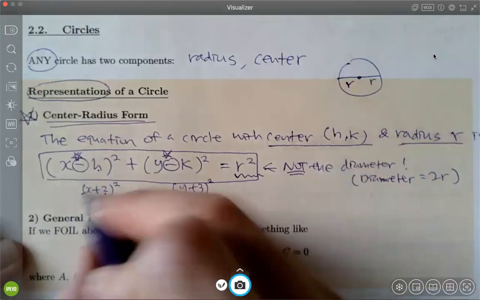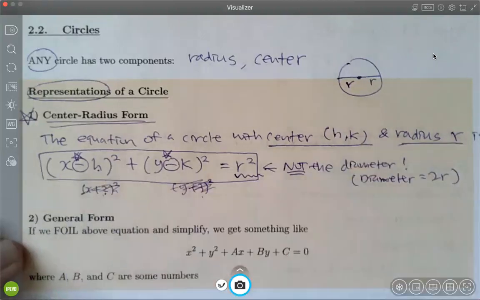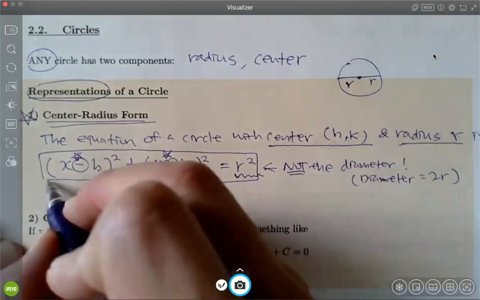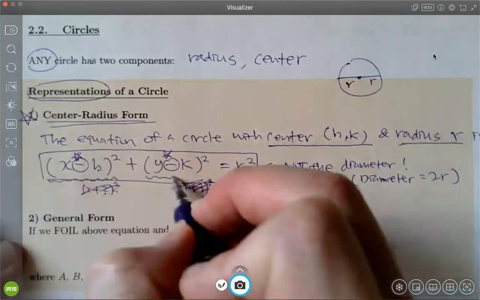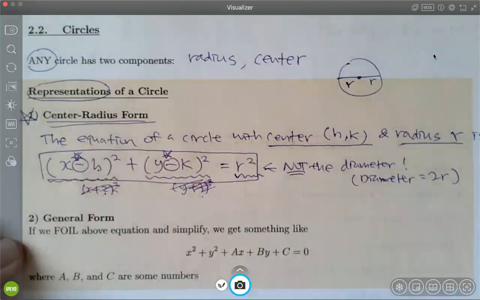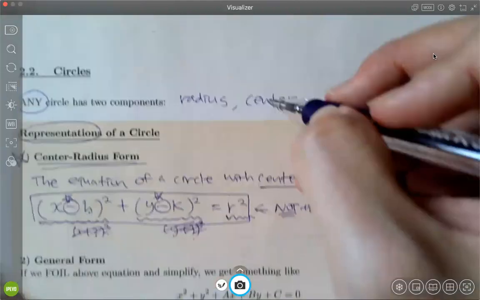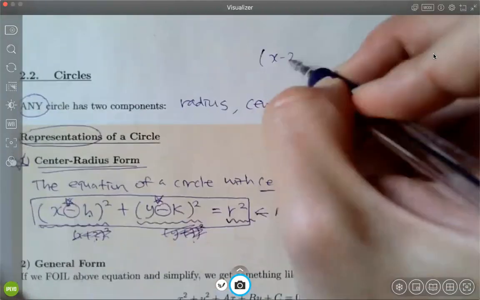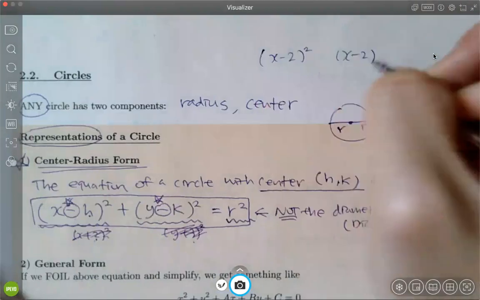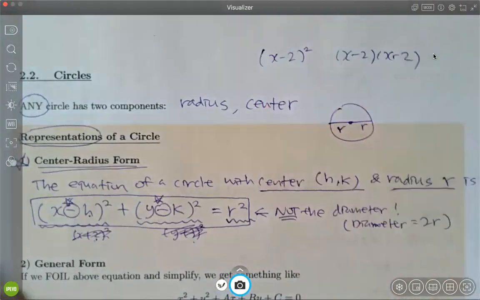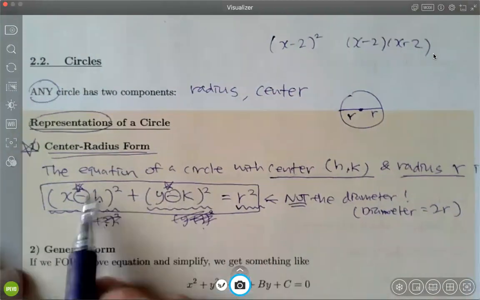And now the last remark. X minus h squared and y minus k squared. For example, when you have something like x minus 2 squared, this is the same thing as x minus 2 times x minus 2, which you can FOIL. But the problem is, do you FOIL these two products?